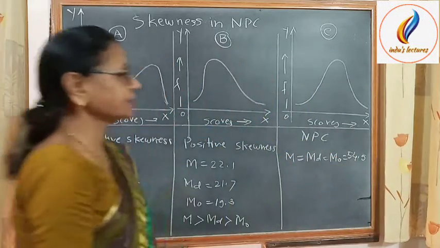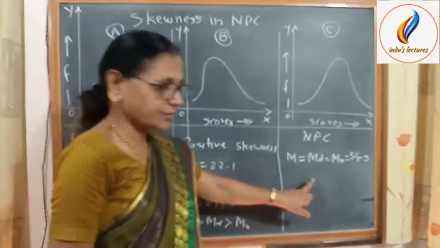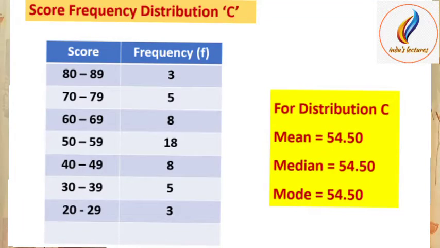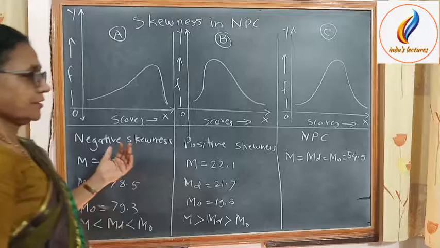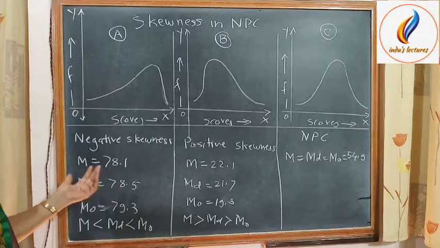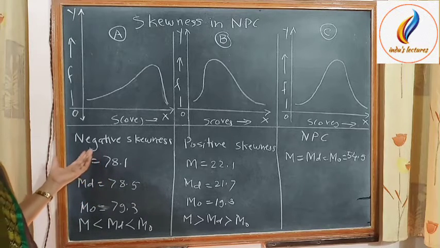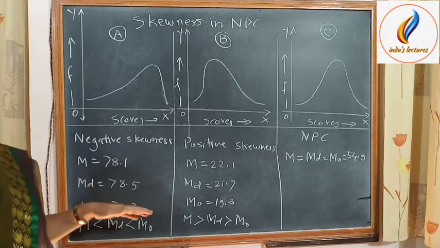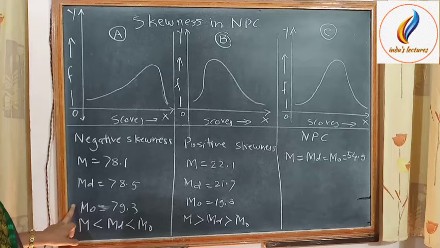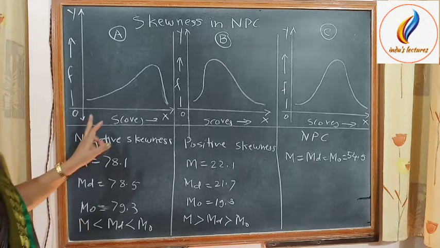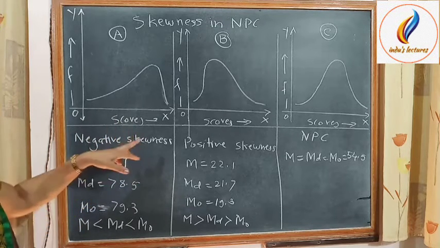That means in case of a normal probability curve, the measures of central tendency are the same. But in case of a skewed curve, the measures of central tendency are different. Now we can calculate the skewness of the curve.